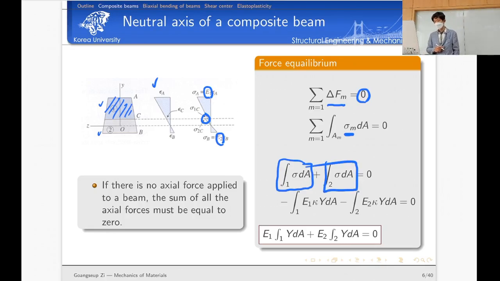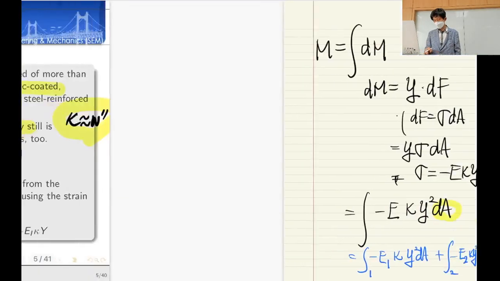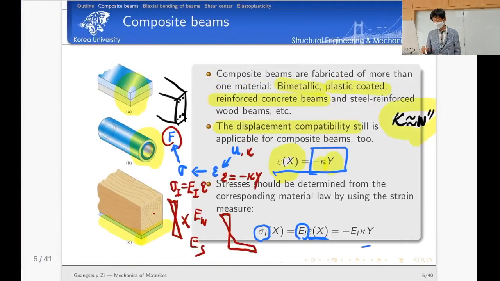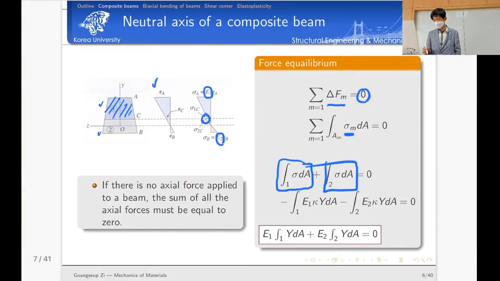Okay? And then I want to plug in the information of stress. Where is the stress? Here. So I want to plug in here. If you do that, this is for material 1, I have this, and for material 2, I have another equation. Make sure that curvature is a reference, representative information for a cross section.